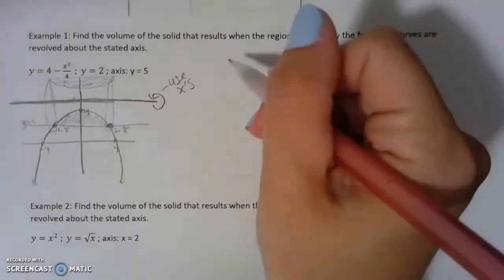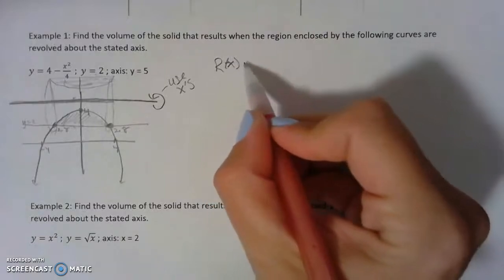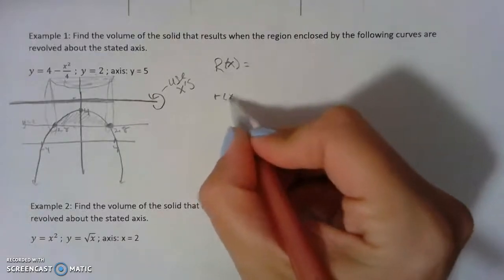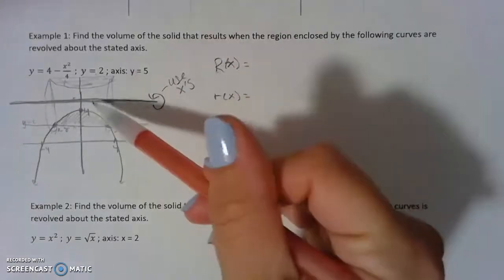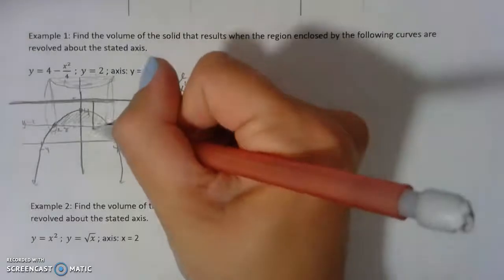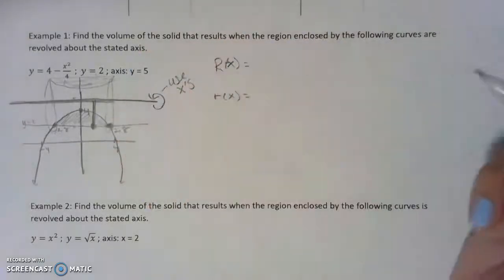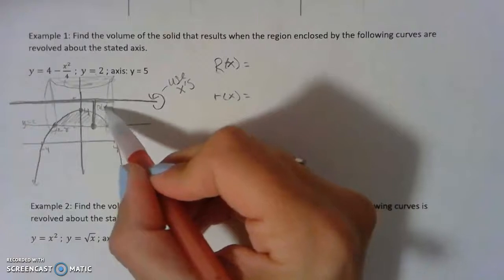Now, when we're talking about capital R of x and little r of x, remember, this is the radius to the outside, so from where we rotate to the outside. Now, that's this line right here. That means this piece is my capital R of x.